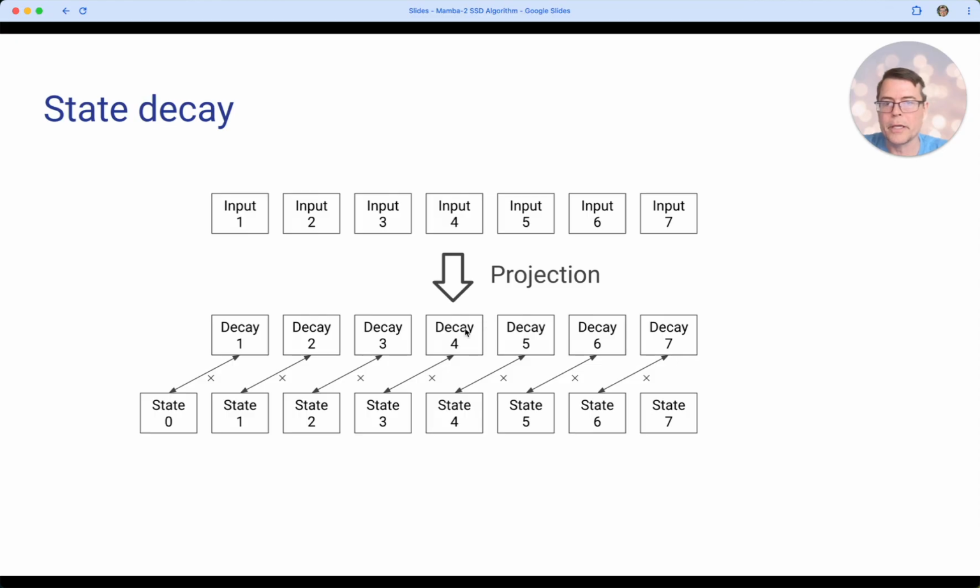So here you can see that if we get input token 4, we do a projection, we calculate a decay factor, and we apply that decay factor to the state as it was in time 3. And kind of similar as you go further back, the state in time 3 has been decayed by this decay factor times the state as it was in time 2, and then each input adds additional information to the state.